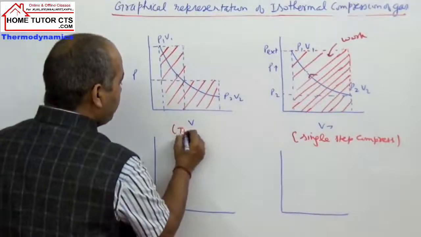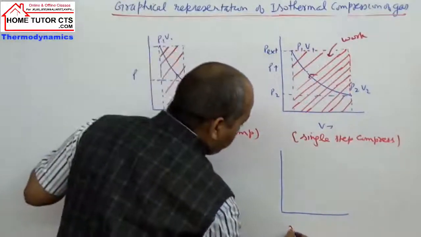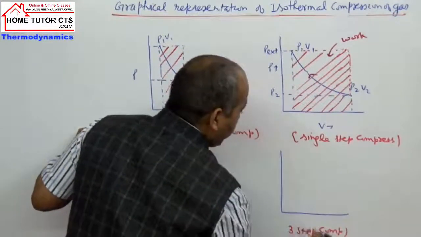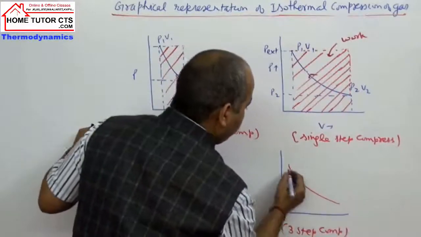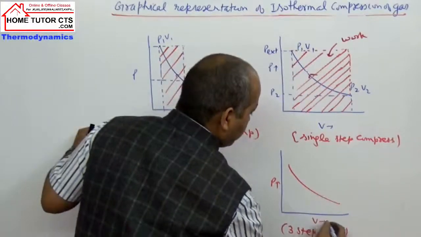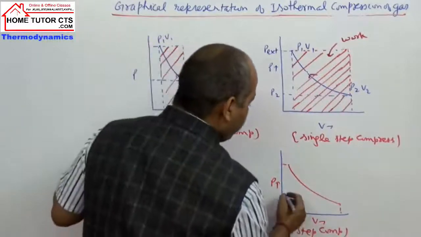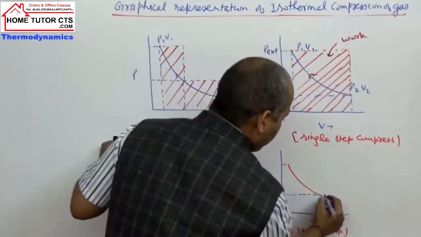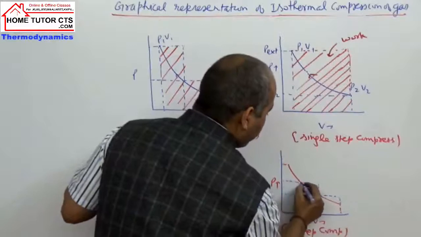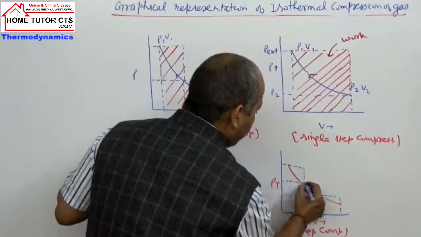It is taken two-step compression. If I take three-step compression or multi-step compression, then what happens? First the gas can undergo compression in this pressure condition, then this pressure condition, and then finally this pressure.